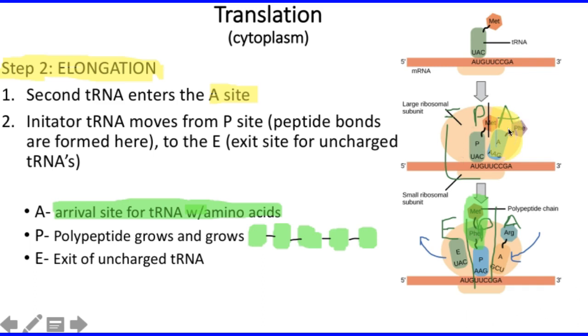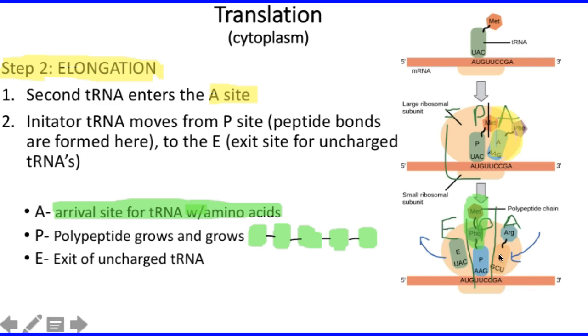So that A comes in, it's going to scoot both of them over. This one right here, the initiator transfer RNA, is going to go over here to the exit site. And then it's going to end up exiting out after it actually dropped off its amino acid here. So an amino acid here, like I said, the next one comes in, it's going to attach its amino acid to the one that was before it, and then it exits out through the exit portion on the E side over here.